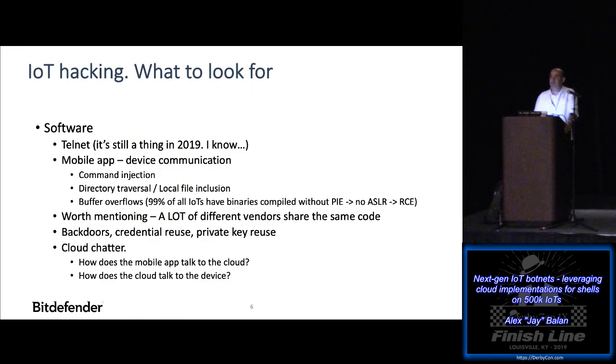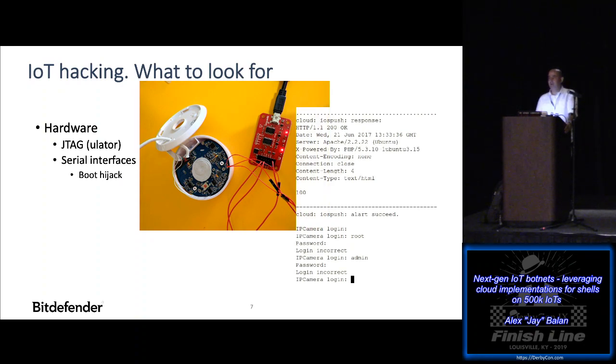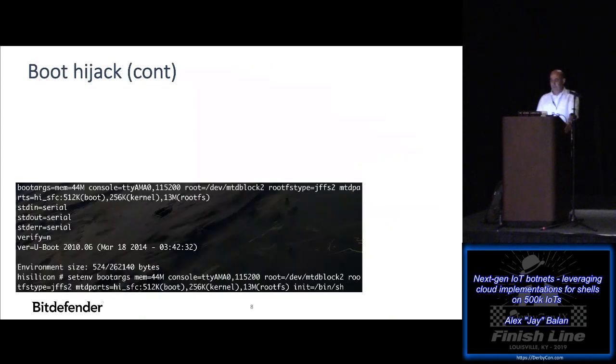Now, if you want to get a chance to have a look at the firmware, and there is no way to get into it right off the bat, look for serial interfaces, and it's very easy to do boot hijacks on most IoTs. If you know how to do a password reset on Linux by stopping grub and doing init equals bin sh to be dropped into a shell, it's pretty much the same thing with IoTs.